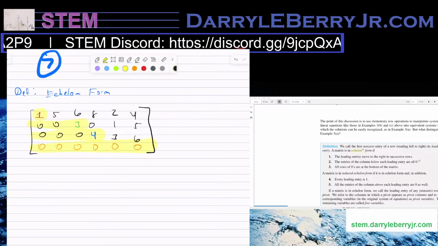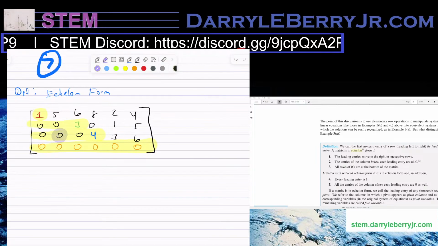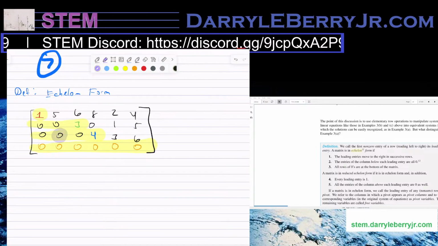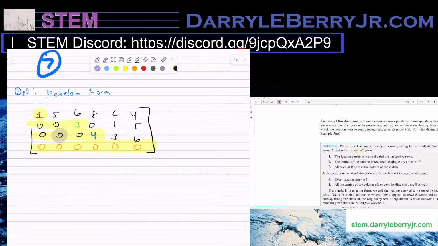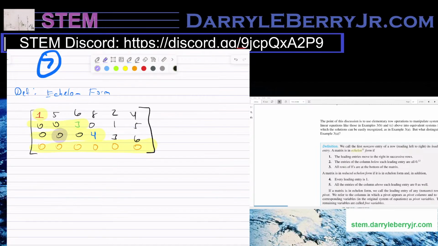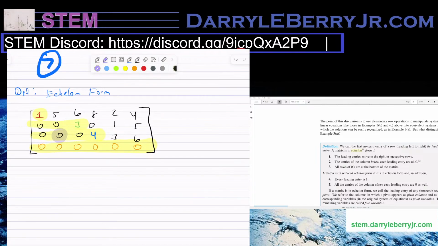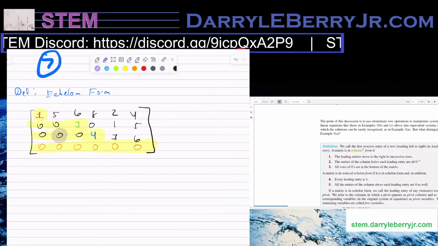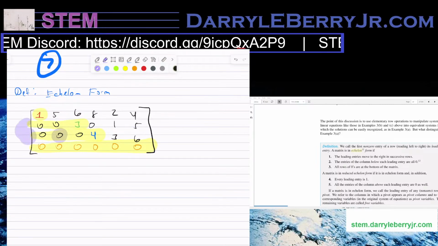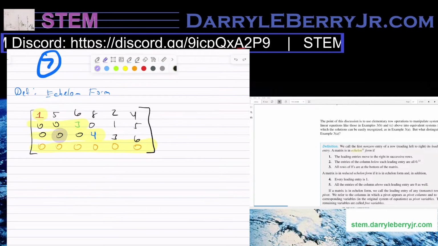All right. I am curious about if this was a non-zero here, the first one to be leading. However, I see. Then I would just do a row operation and move that row up. So if that was a number, I could swap rows 2 and 3, and then that would be the next leading one, and then the 3 would be the next leading one of the next row, and so forth.